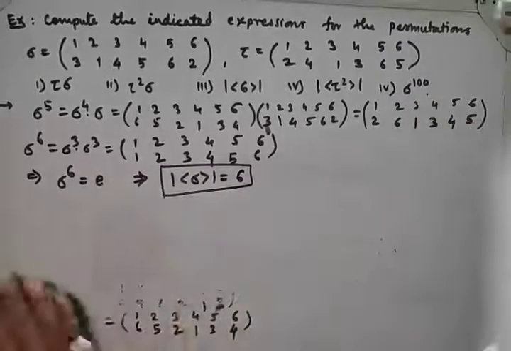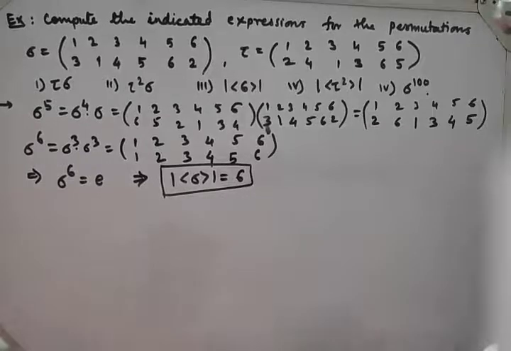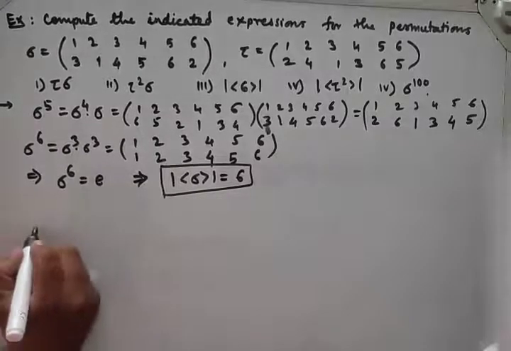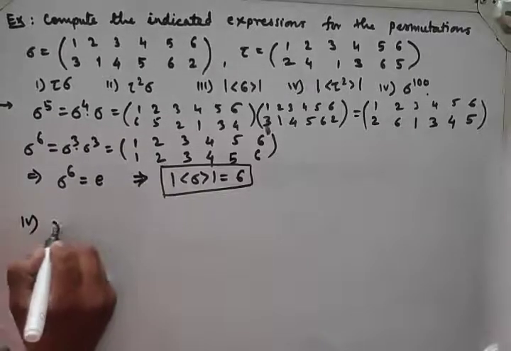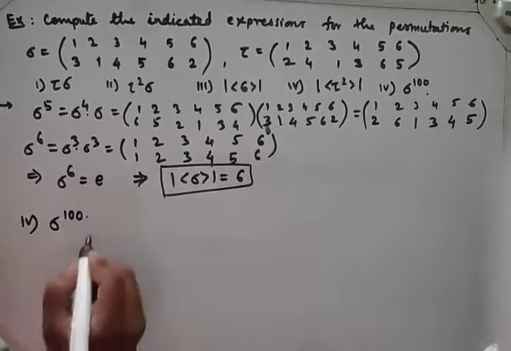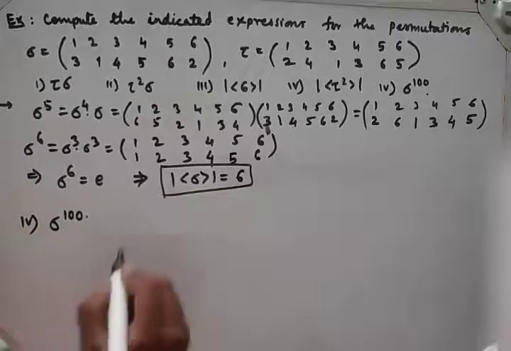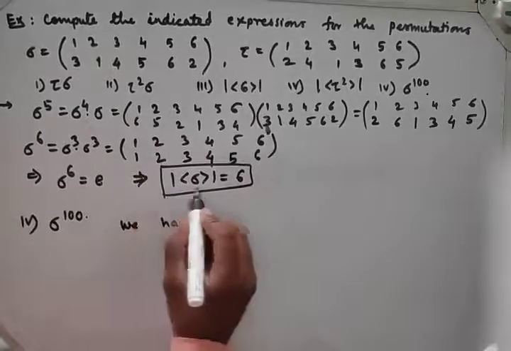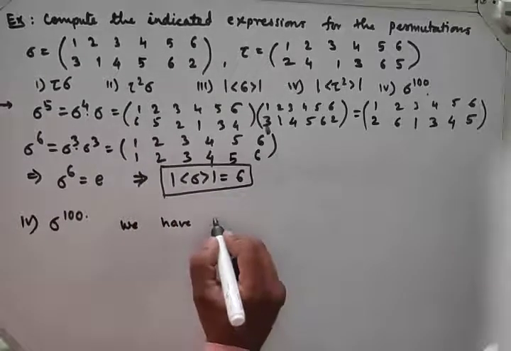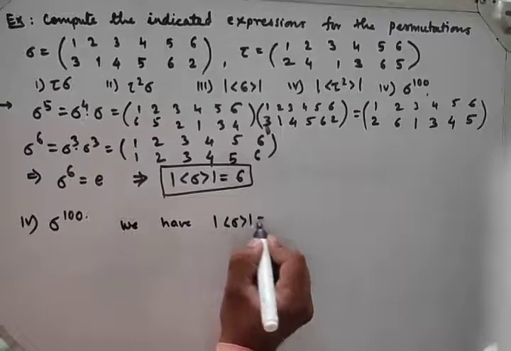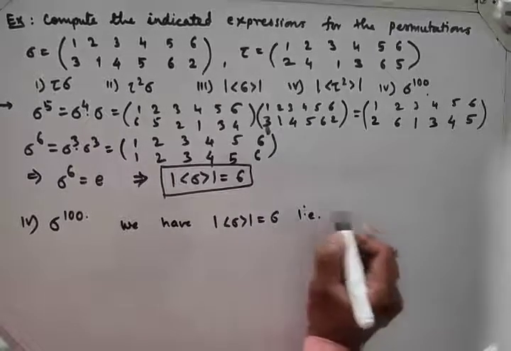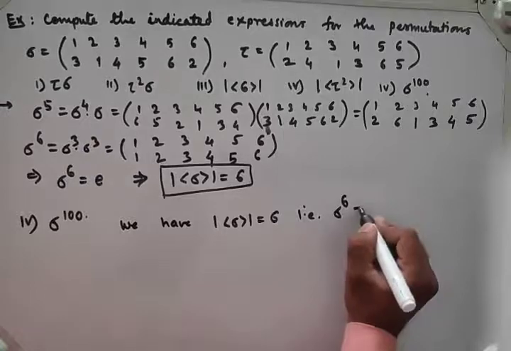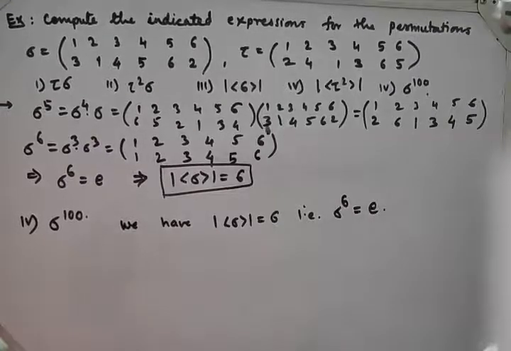So let's see sigma raised to 100. We have the order of sigma, which is 6, that is, sigma raised to 6 is equal to identity, right?